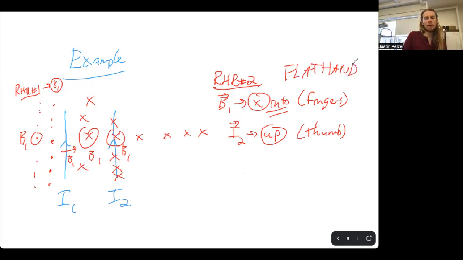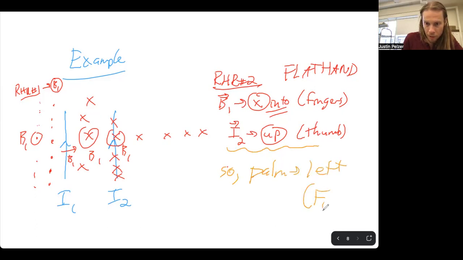And if you do that, you'll get it. Fingers are pointing into, thumb up. Where does my palm point? Left. Draw that in orange. This adds, right? So palm left. And that is FB. So indeed, I get a leftward force attracting this.